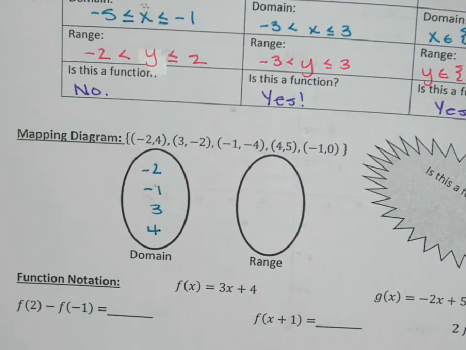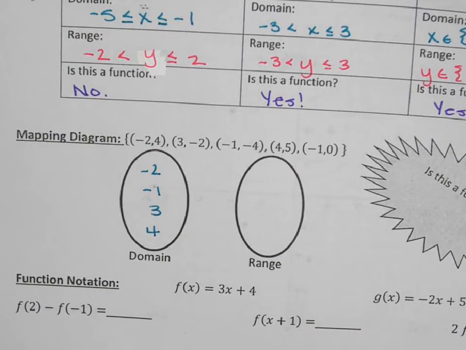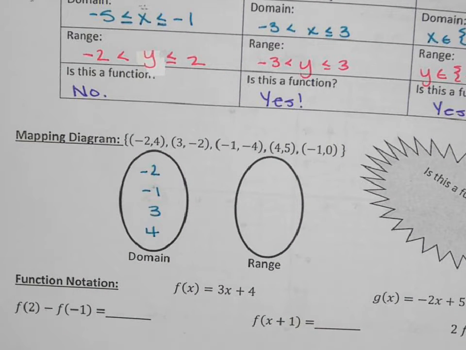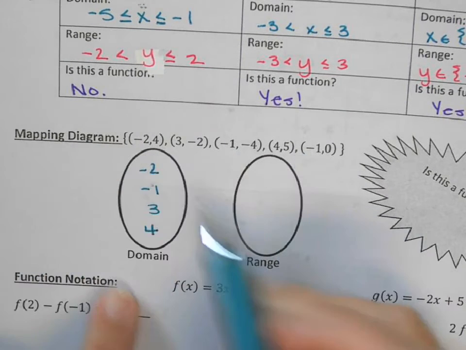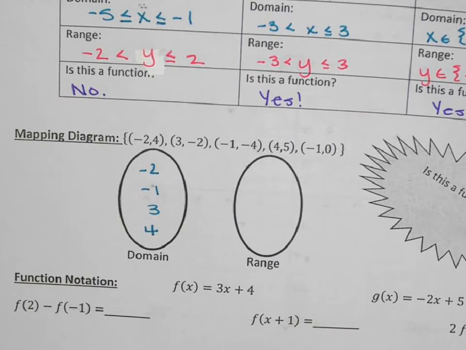So there's your whole domain. The reason why you want to list them from least to greatest is so that you don't accidentally repeat numbers, because even though -1 is on there twice, I don't want to write it twice, because then it defeats the whole purpose of this mapping diagram.